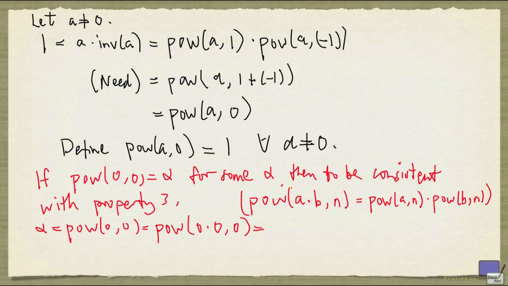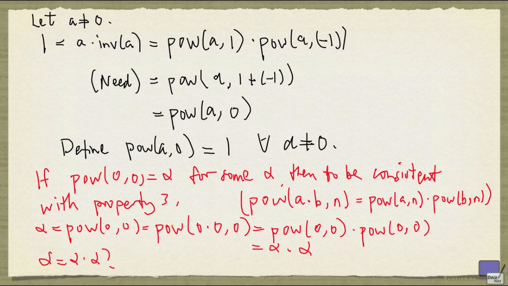And knowing that we need property 3 to hold, this will have to be POW(0, 0) times POW(0, 0). And both of these are alpha, so this is alpha times alpha. So I must have alpha equals alpha times alpha. And there are only two possible values: alpha is 0 or alpha is 1. So if you want to assign a number to 0 to the power 0, it will have to be 0 or 1.